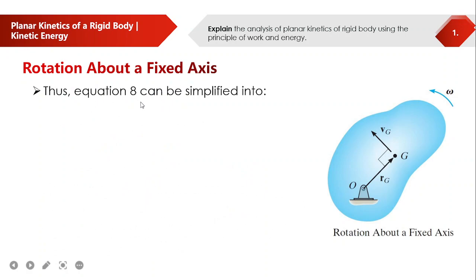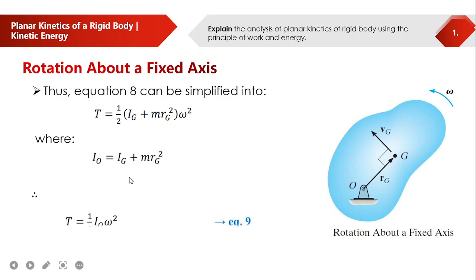So, thus, equation 8 can be simplified into I sub G plus M R sub G squared. Substitute natin kasi nga equal lang to sa parallel axis theorem na yung moment of inertia at point O with respect to G. So that will be I sub O is equals to I sub G plus M R sub G squared. So that will be T is equals to 1/2 I sub O omega squared.